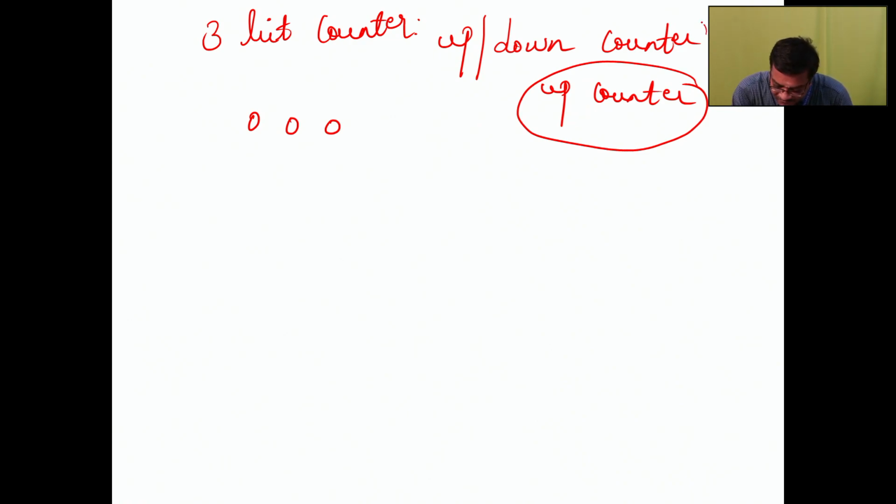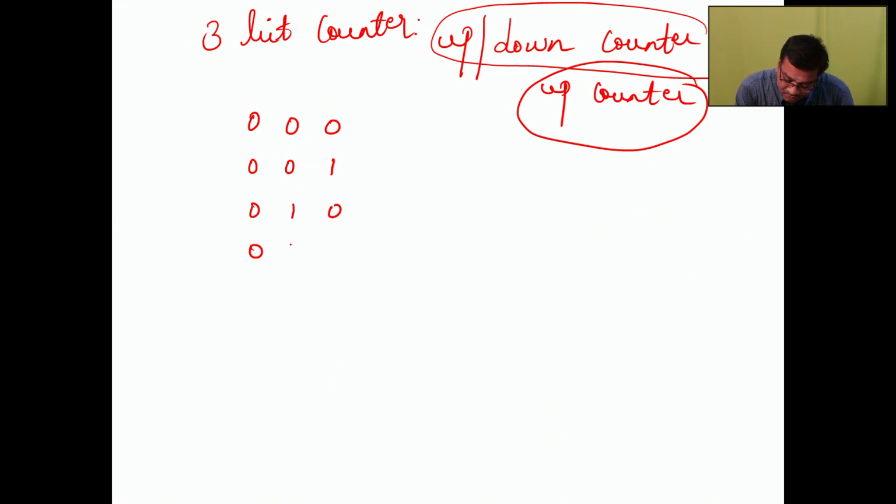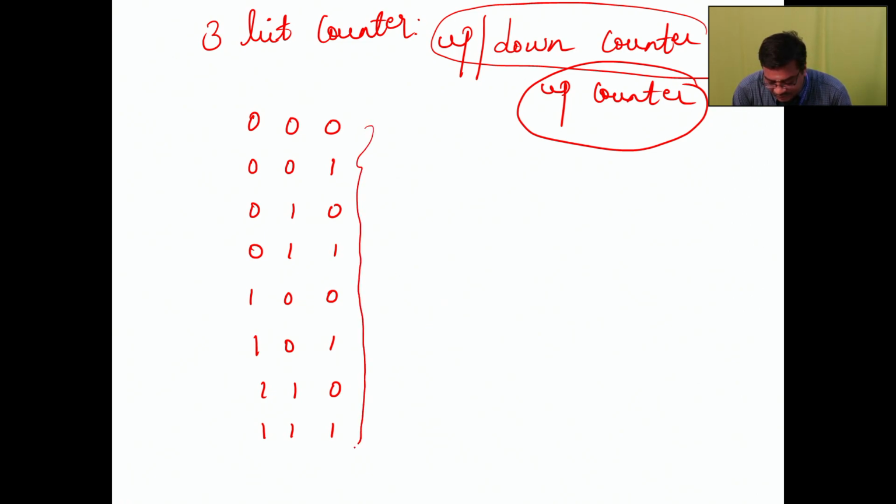Suppose specifically they have asked for the up and down counter, we can go for the up and down counter. So here we are going to depend upon only the up counter. So for 3 bits: 0 0 0, 0 0 1, 0 1 0, 0 1 1. For 3 bits we know there are 8 possible combinations: 1 0 0, 1 0 1, 1 1 0, and the final one is 1 1 1. So these are all the things we are going to consider.